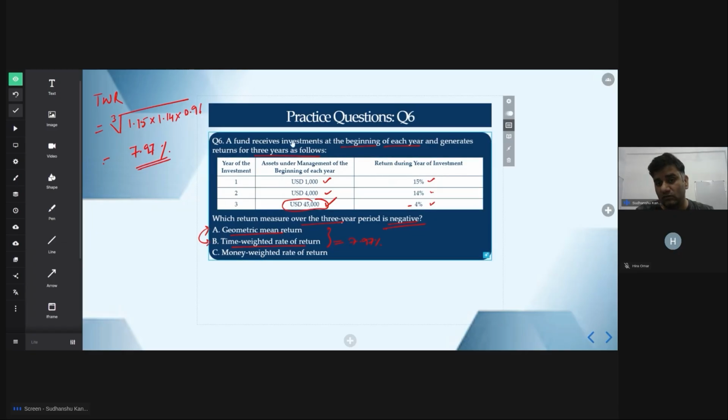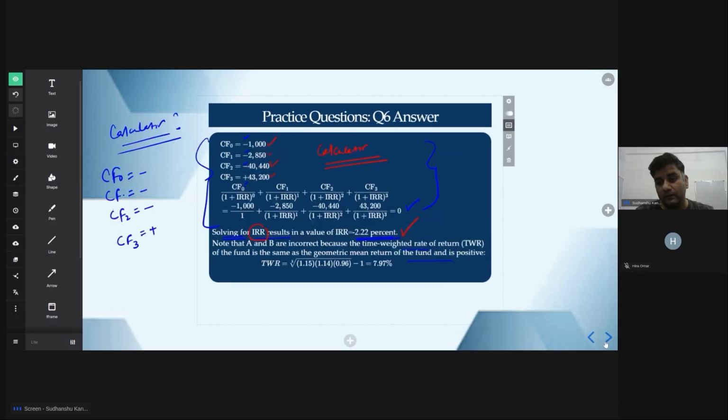And the question was, in which of the three periods is the return negative. Now if you see here, the return is coming as negative, minus 2.22. So the answer here is IRR, which is coming by calculation, minus 2.22, which is negative. Okay, that was the answer.